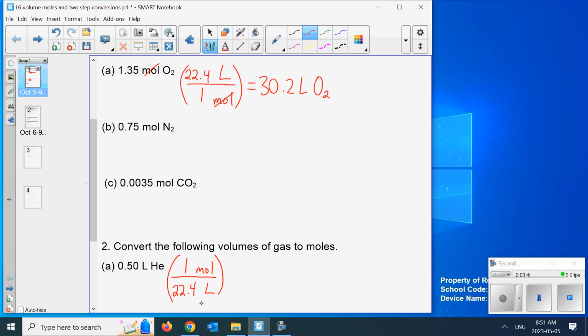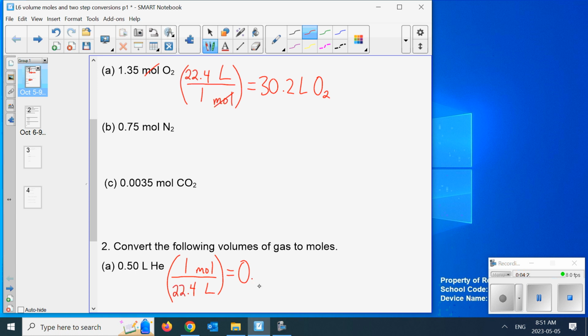That 22.4 is something that you might actually have memorized, but you don't need to. If you use the same number all the time, you probably will have it. This means divide. You go 0.5 divided by 22.4. Sorry, I can't do it, I was multiplying in my head.